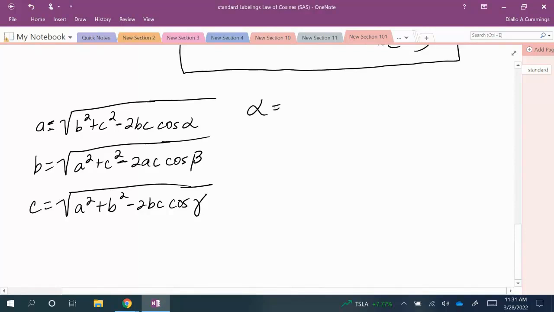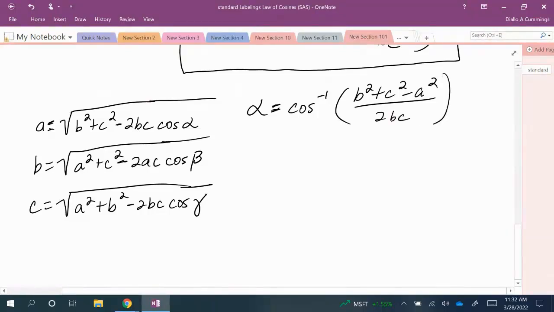Alpha is equal to the arc cosine of B squared plus C squared minus A squared over 2BC. Let me spread these out just a little bit.